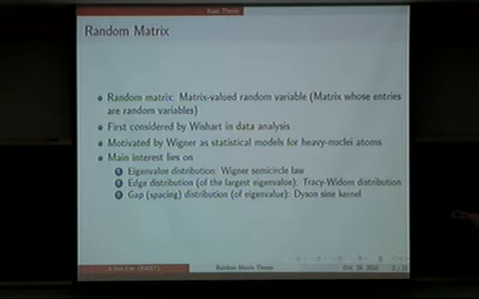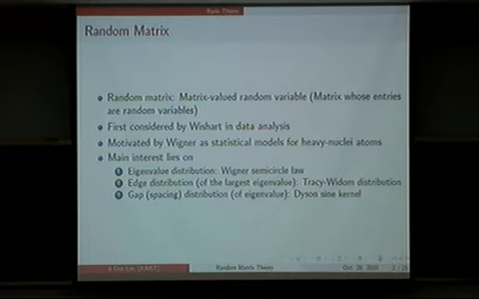But in mathematics, the main interest lies first in the eigenvalue distribution. If you have a matrix, it is very natural to consider the eigenvalues of the given matrix. And this eigenvalue distribution is governed by the Wigner semicircle law.